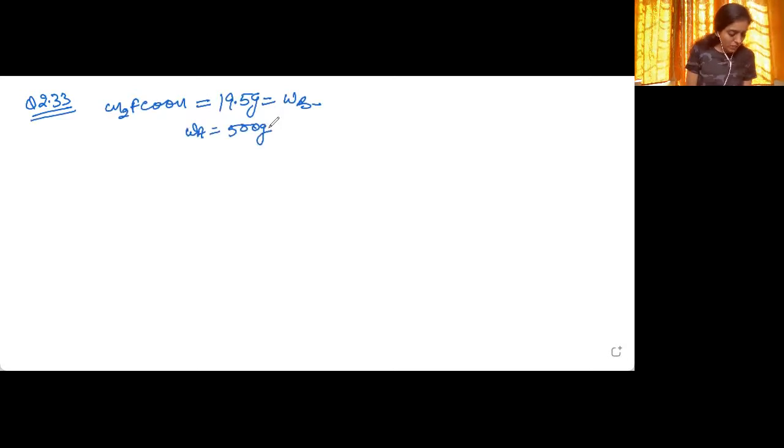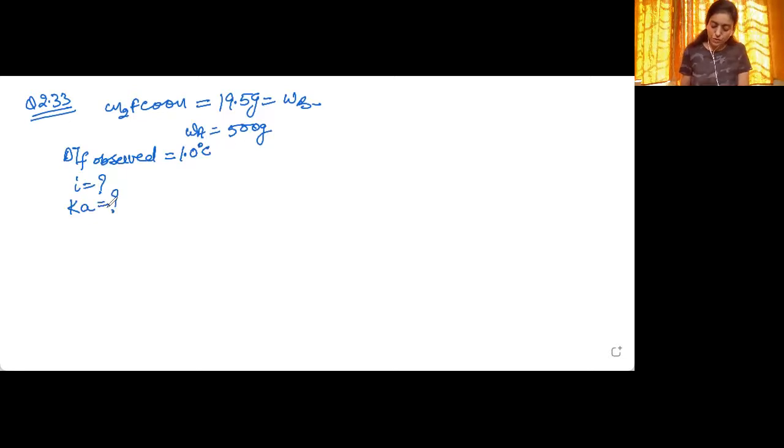The depression in freezing point of water observed, delta Tf observed, is equal to 1.0 degree C. Calculate the Van't Hoff factor, so we need to find out i. Then we need to find out the dissociation constant of fluoroacetic acid, the value for Ka.